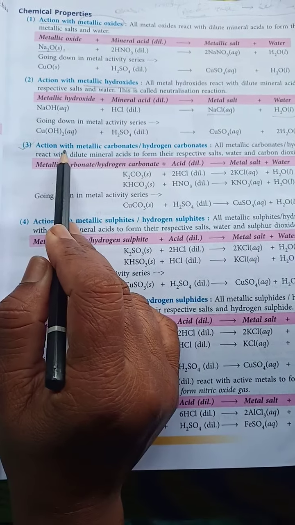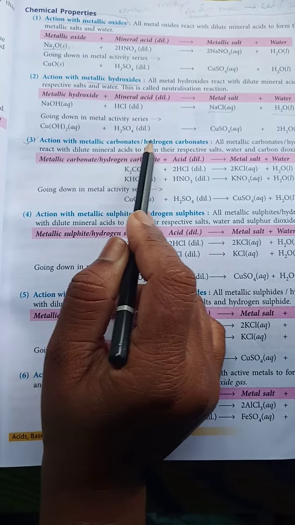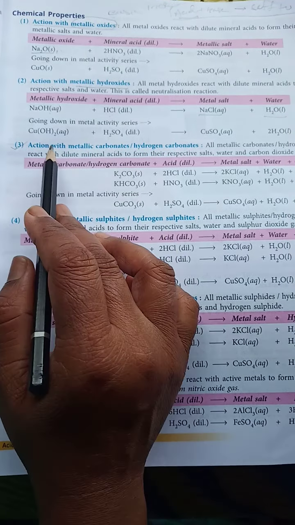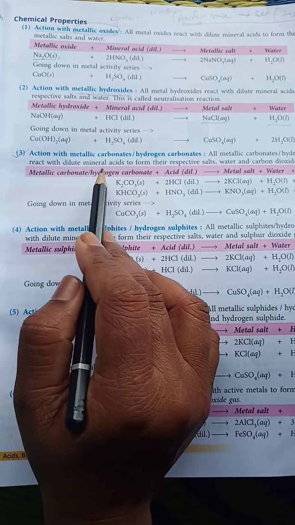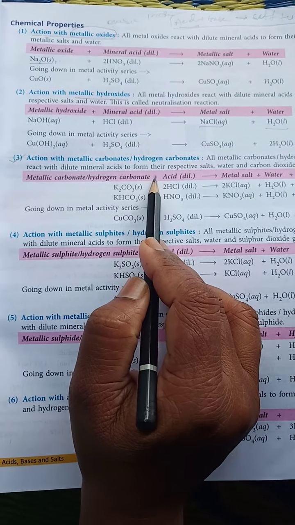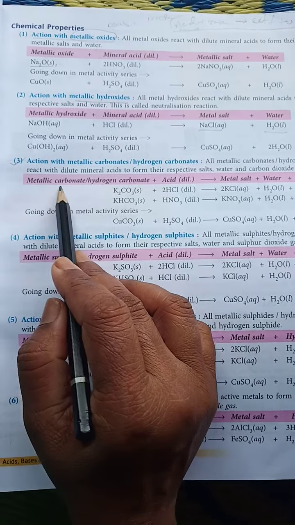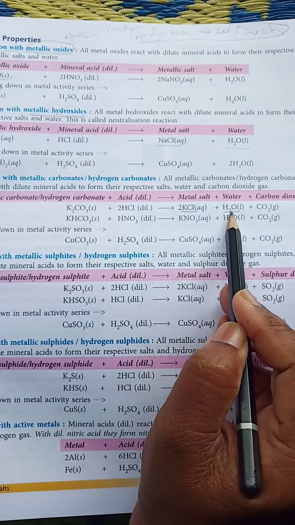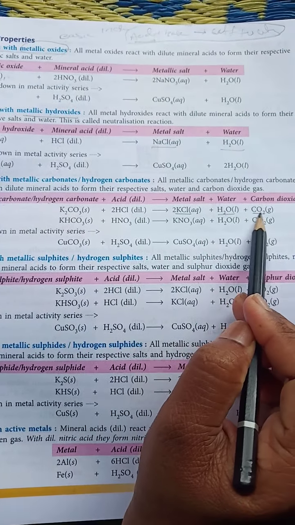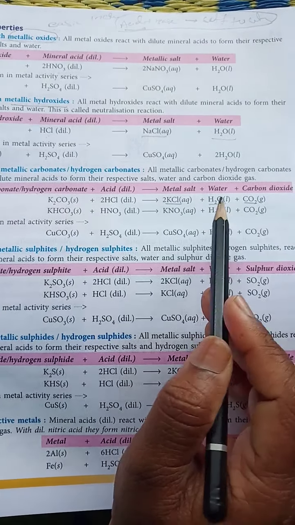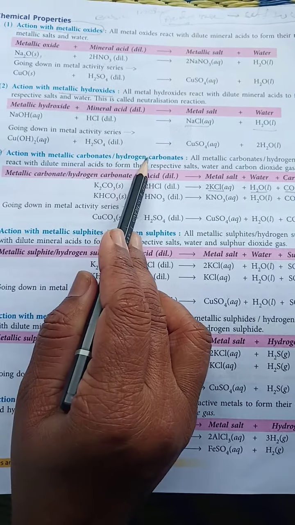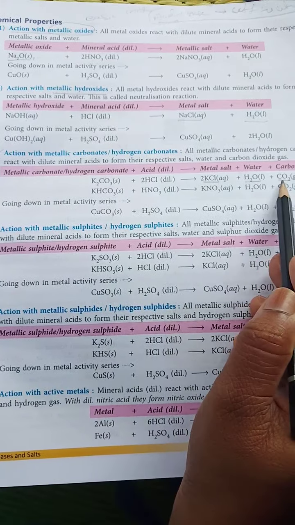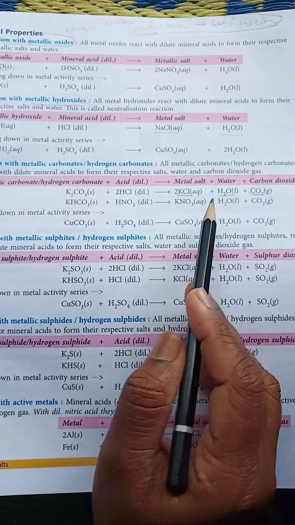Now again, action with metallic carbonates or hydrogen carbonates. When metallic carbonates and hydrogen carbonates combine with acid, we get salt and water, and additionally carbon dioxide gas. Either it is carbonate or hydrogen carbonate, we get carbon dioxide gas.